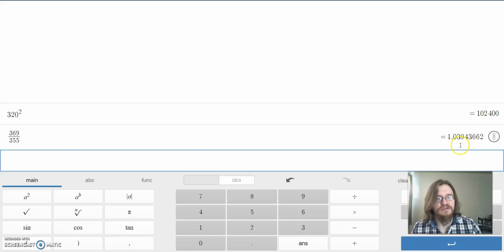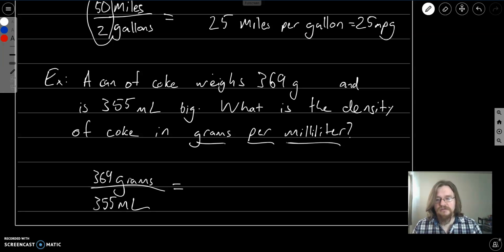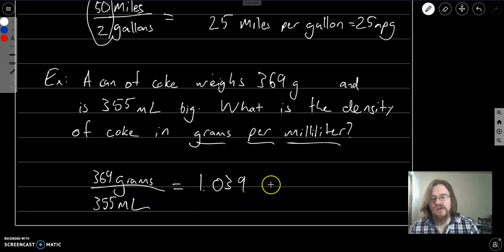So 1.039. And again, if I'm just dividing numbers, I could write that, but this is 1.039 what? And here it's going to be grams per milliliter.